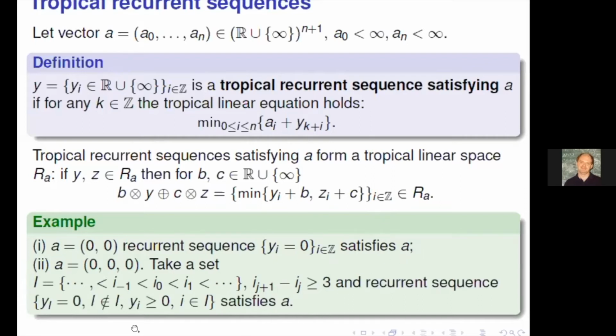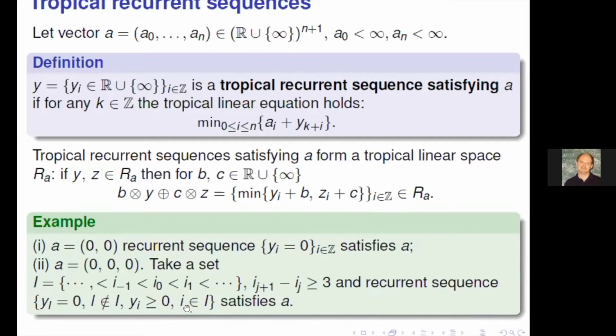Then you can consider the following recurrent sequence, actually the enormous set of them. You put y to be 0 for all indices out of this set I, and any non-negative value for all i from this set.